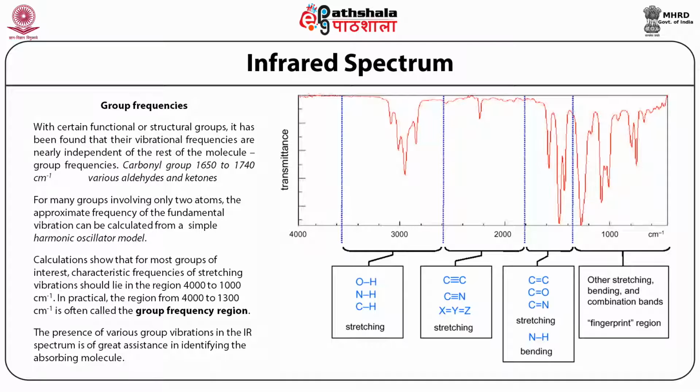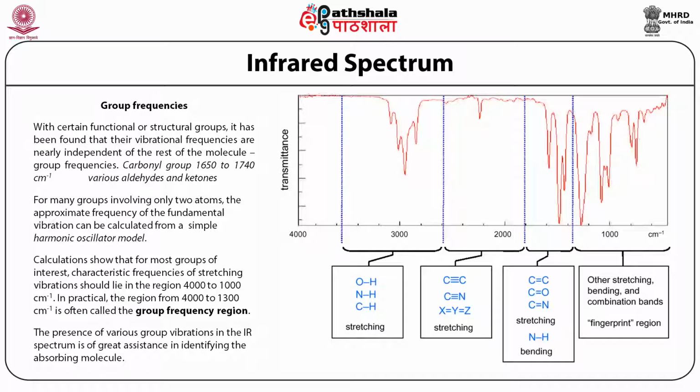You can see here, from the extreme right side, region 4 gives you the information about stretching, bending, and combination bands, and that is known as the fingerprint region. Most molecules can easily be identified by taking their spectra in the fingerprint region.